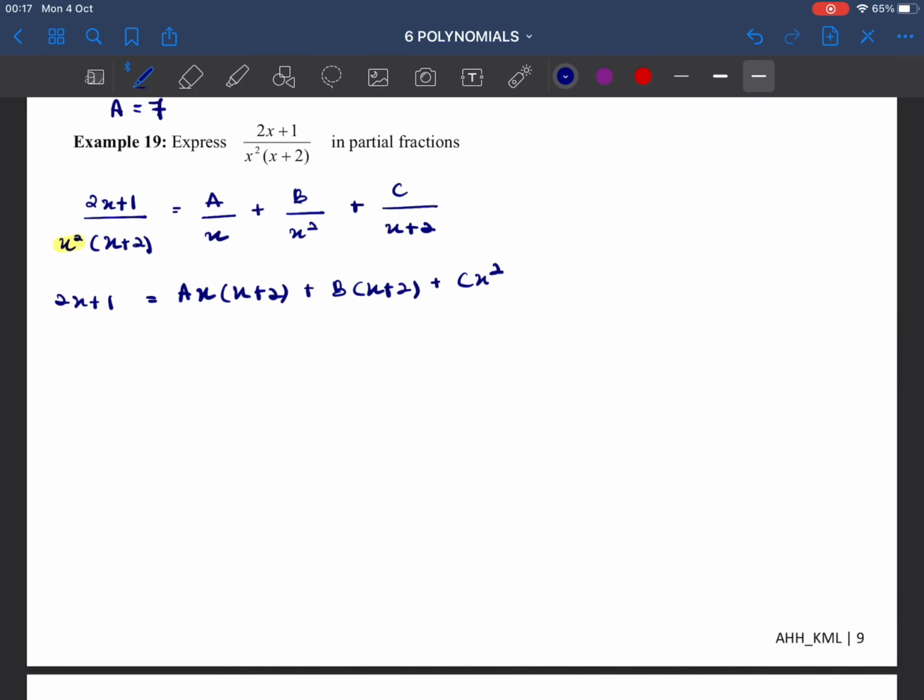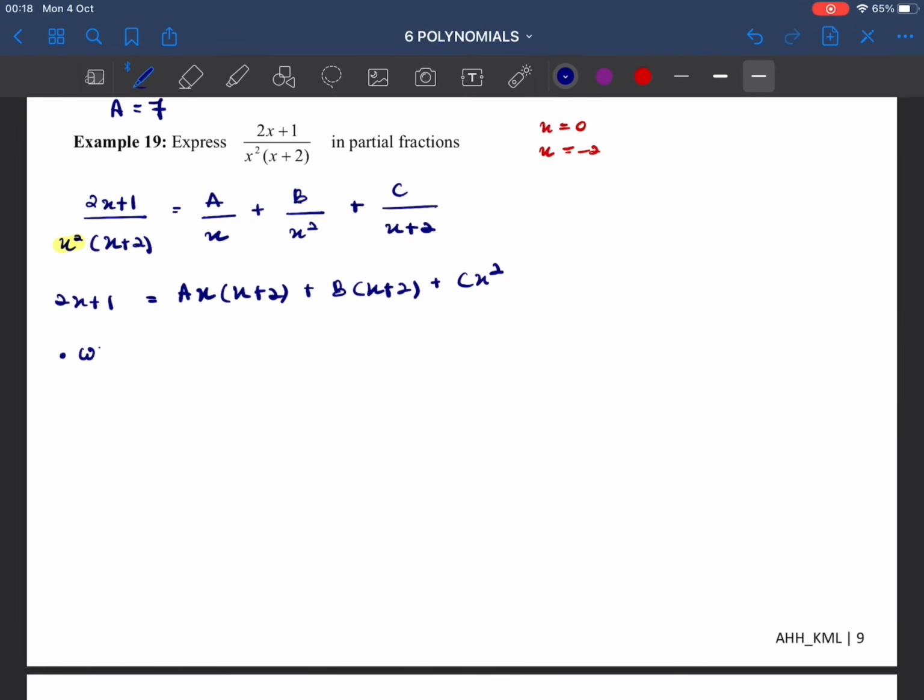Okay, so now let's see. The only roots that we have here is x equals to negative 2. And here there is also a root, which is x equals to, okay, wait, x equals to 0. So we only have two roots, x equals to negative 2 and x equals to 0.